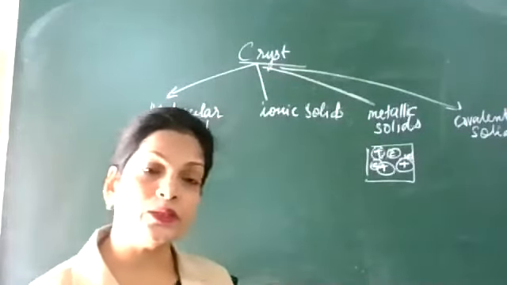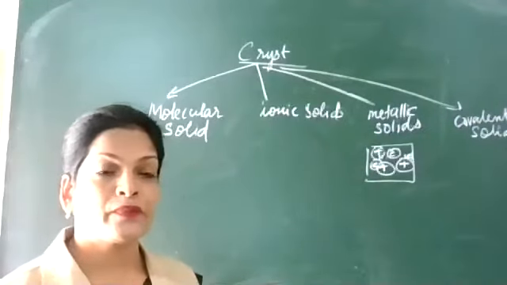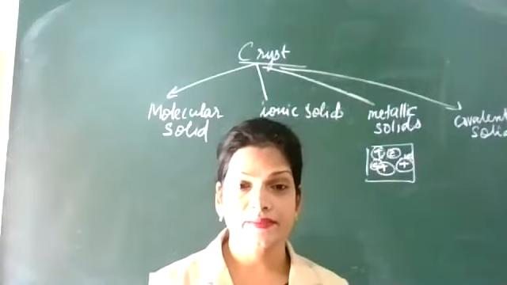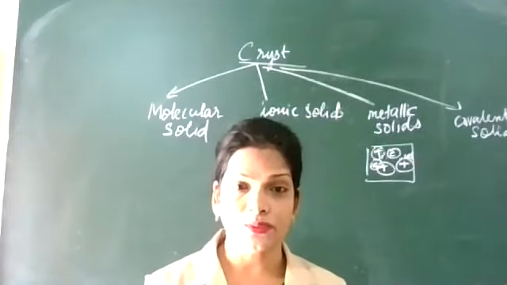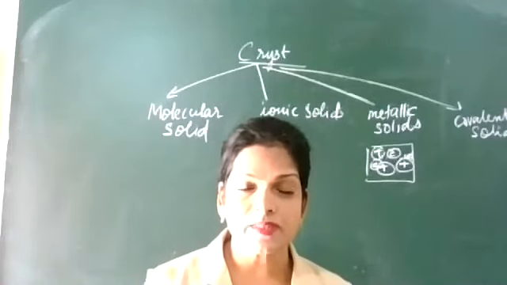Molecular solids, I told you, molecules are the constituent particles. For example, hydrogen solid. Normally hydrogen is a gas; you can cool it to a liquid, and again you can cool and press, and it becomes a solid.